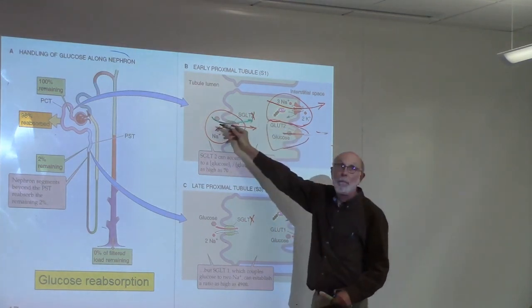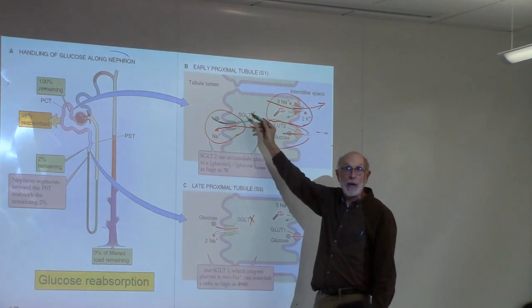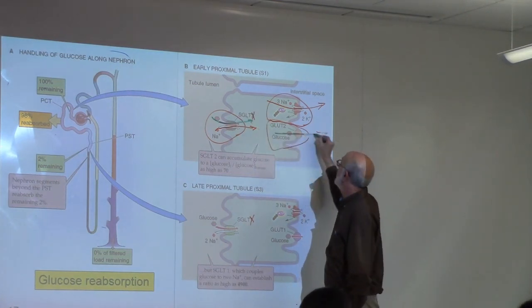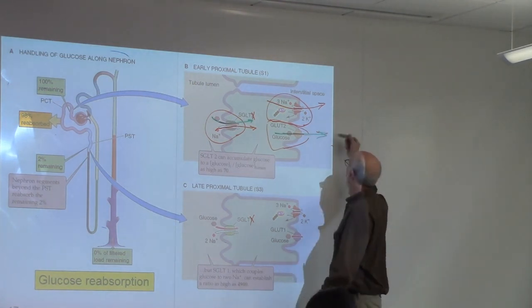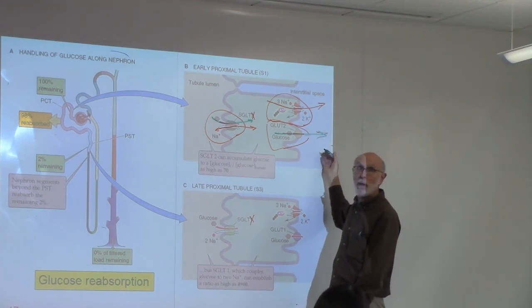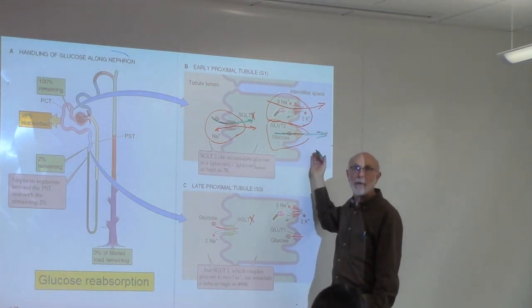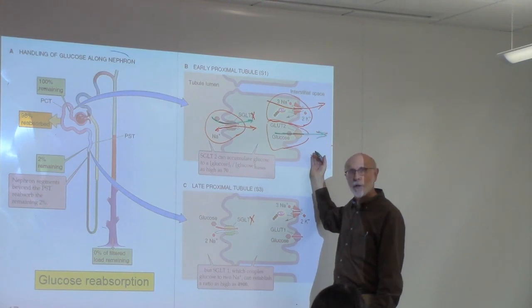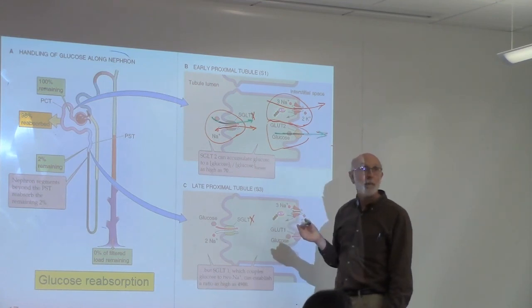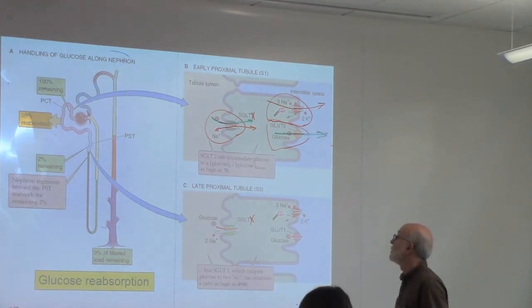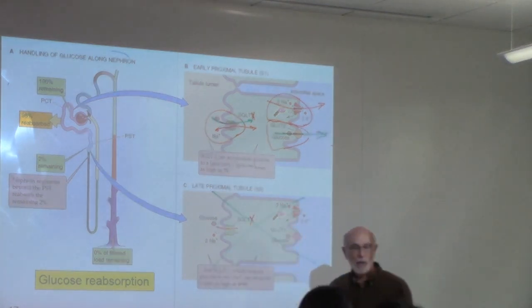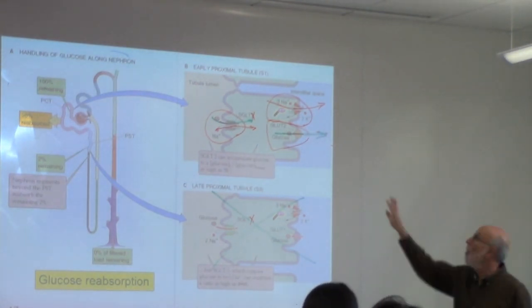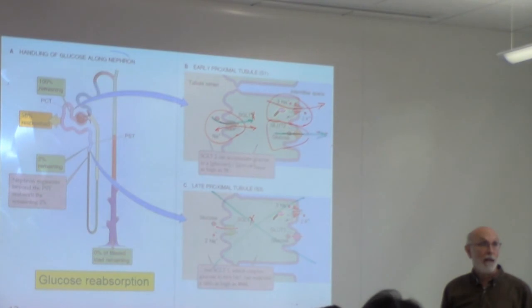Glucose is being pumped using the sodium gradient into the cell and then goes down its concentration gradient passively through the basolateral membrane to the interstitial fluid and capillary, returning the glucose that you filtered back to your blood, because you don't want to filter it away. You want to recover 100% of it. Don't care about this content. I want you to know what's on that part of the slide.